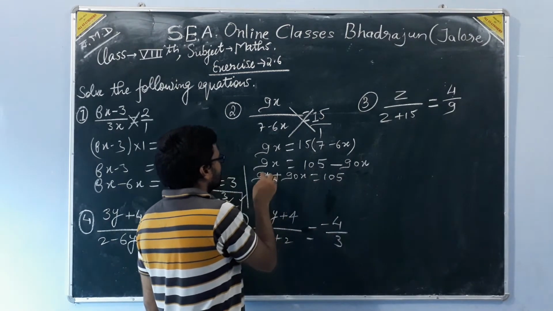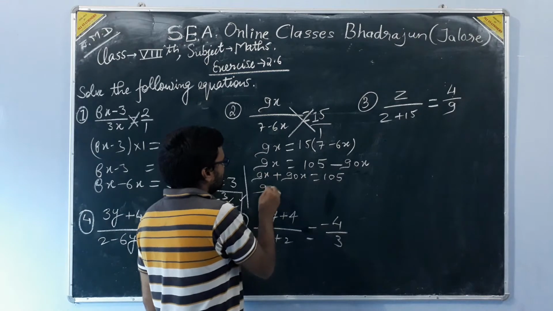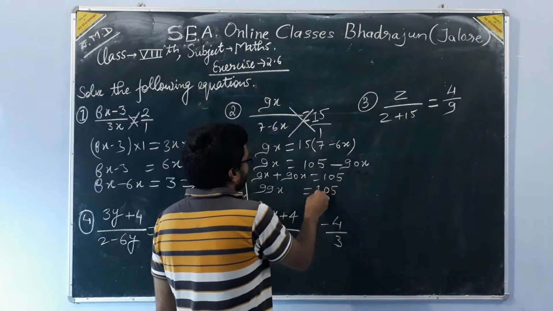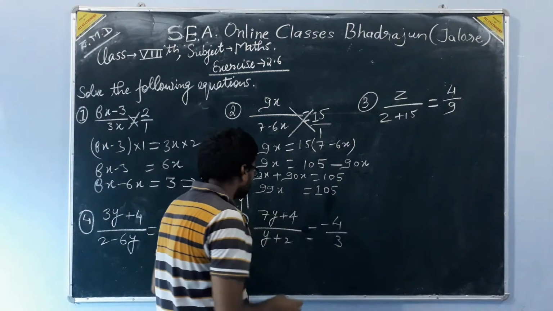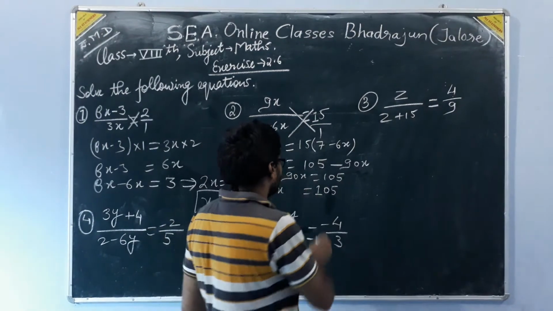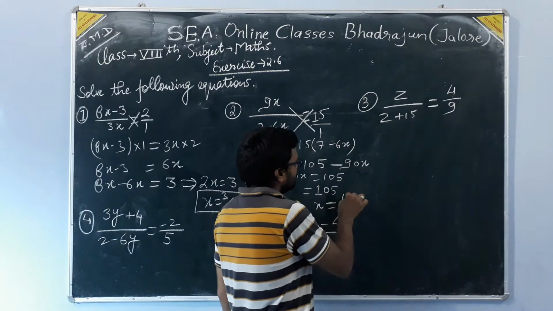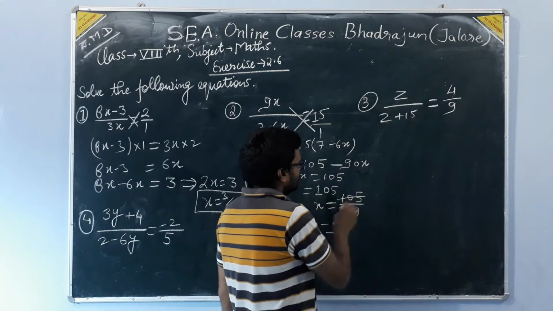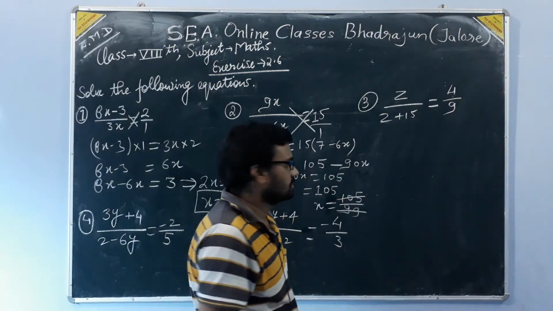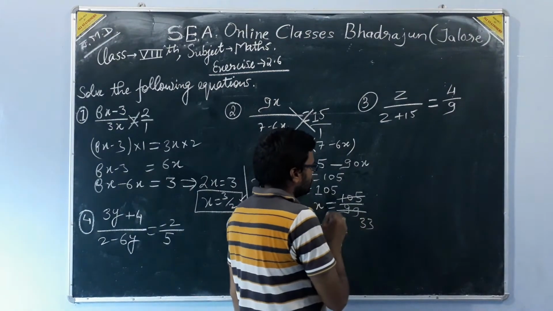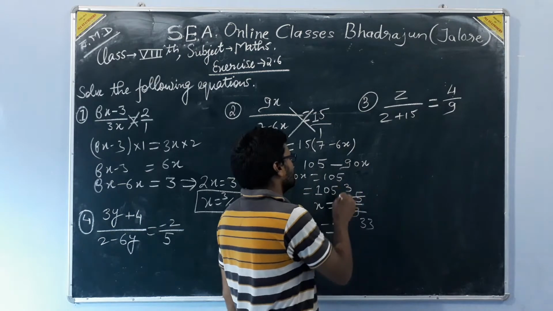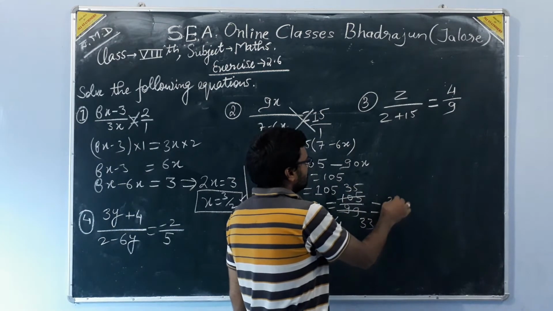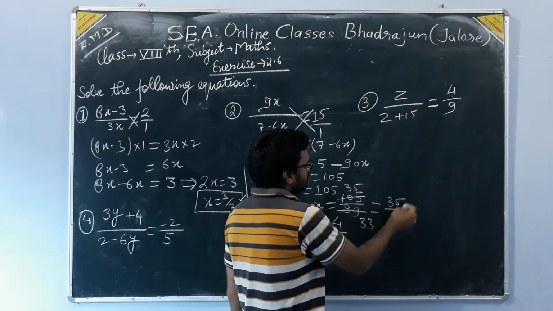So this is 99x equals 105, and x equals 105 upon 99. So we will divide by 3. 3 3s are 9, 3 3s are again 9, and 3 5s are 15. This equals 35 upon 33.